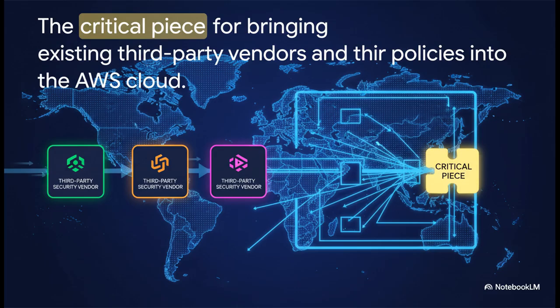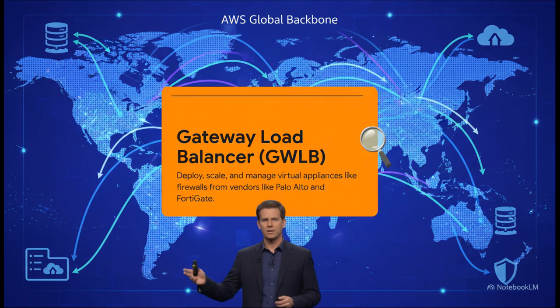And this whole concept is called service insertion. And the AWS service built specifically for this is the Gateway Load Balancer, or GWLB. It's purpose-built to let you transparently insert a whole fleet of virtual firewalls from the vendors you already know and trust directly into the network path, and you can do it without these complex routing gymnastics.